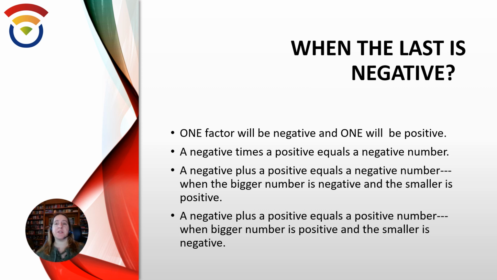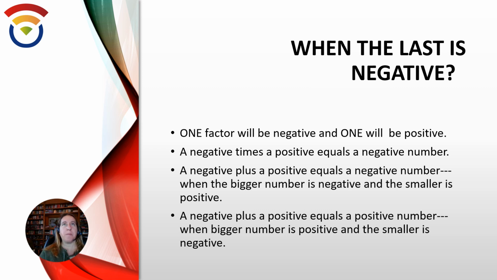Another option that might happen is that our last term is negative. This is often the trickiest one because one factor must be negative and one will be positive. This is because a negative times a positive equals a negative. Now, if we're looking for a negative in the middle, our bigger number will be negative and the smaller factor will be positive.